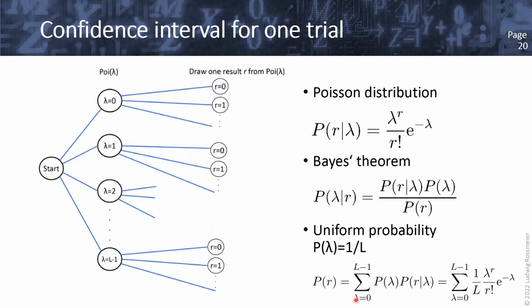We start from lambda equals 0 till lambda equals L minus 1. We assumed the uniform probability P of lambda is 1 over L. And we use here for the P of R given lambda the Poisson distribution.